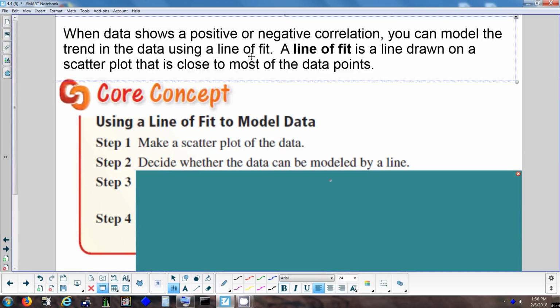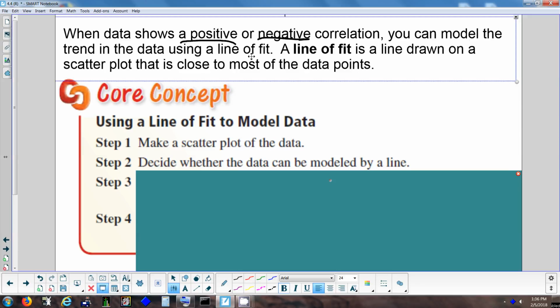No correlation. Right? If there's no correlation, you cannot do this, like it says in the notes, when the data shows a positive or negative correlation. Because if we had no correlation, there's no way we could draw a line that maps the points, or the dots.